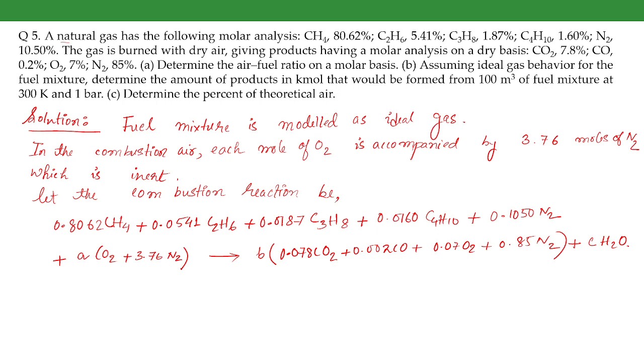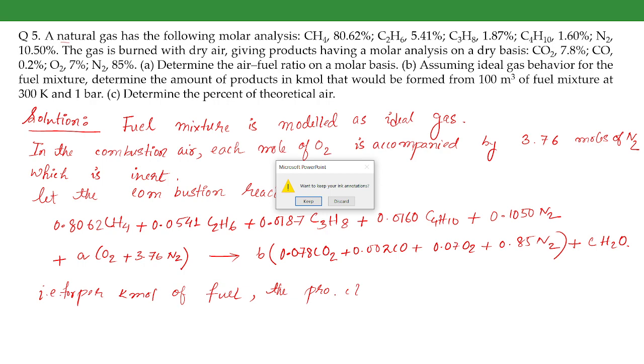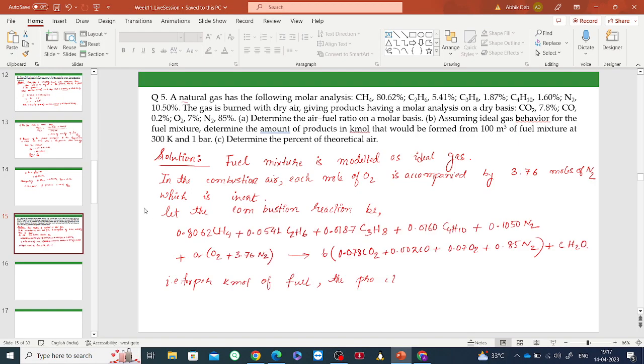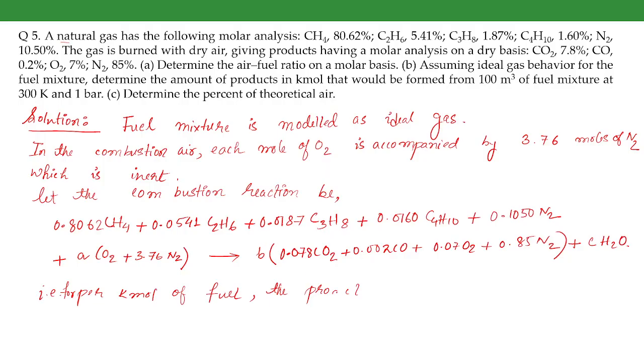That is, for per kilomole of fuel, the product contains B kilomoles of dry products and C kilomoles of water vapor, that is the moisture.